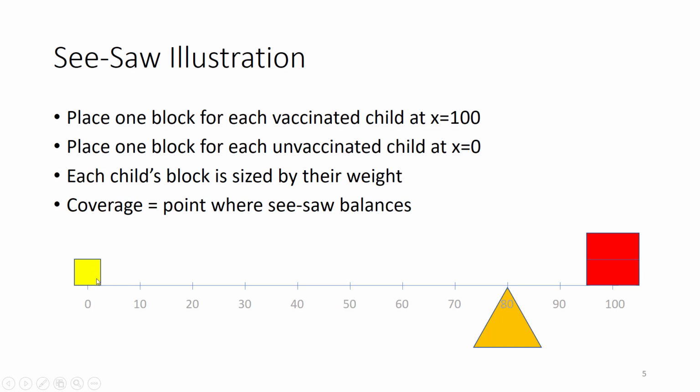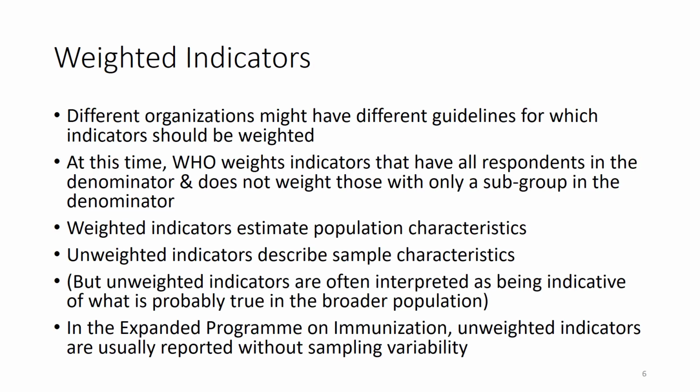Now again, if you get out your seesaw and your blocks at home and you put 2 blocks at x is 100, and then you put a block that's half the size down at x equals 0, in order to balance the seesaw, you're going to need to put the fulcrum at 80%. And so this illustration works for weighted estimates as well.